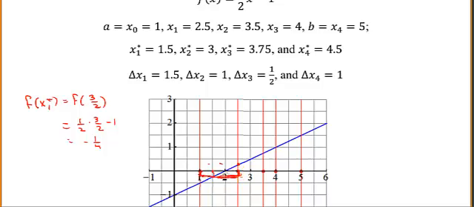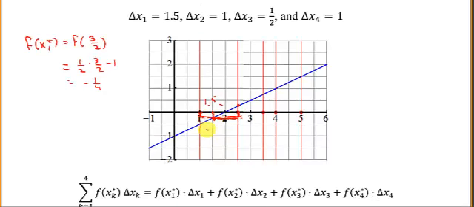Notice here's 1.5, x sub 1 star. And this point down here is 1.5, or 3/2, and minus 1/4. What I'd say is I multiply the width times this y coordinate.